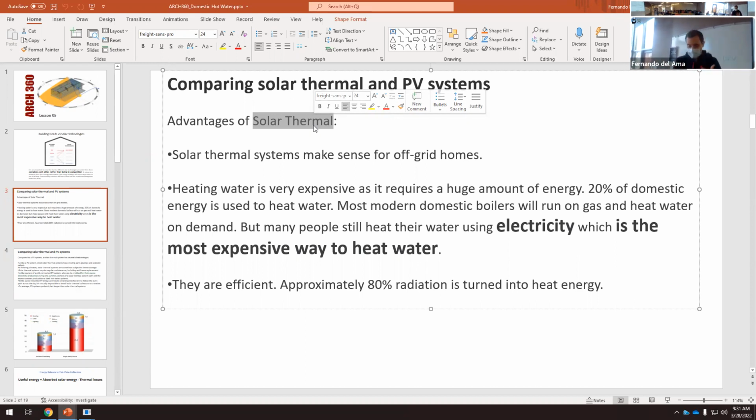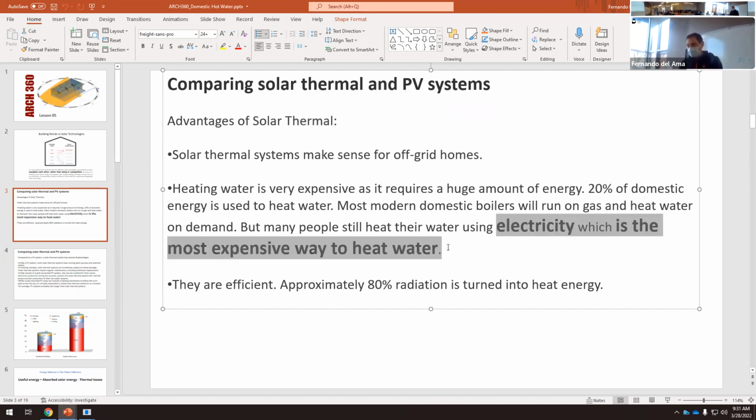Okay, so there, we can talk about it, but you have to keep in mind that so far, nowadays, I don't know in 20 years, I don't know in 50, I don't know in 100 or next century, but nowadays, in 2022, electricity is the most expensive way to heat water.